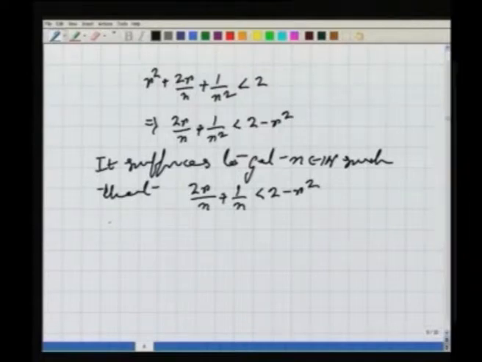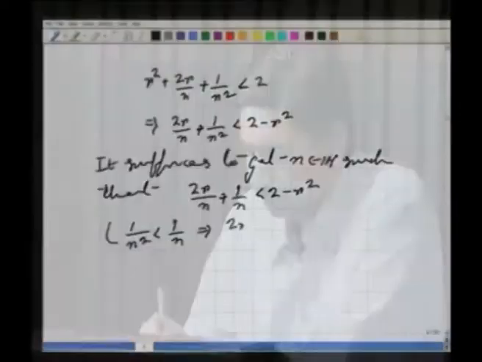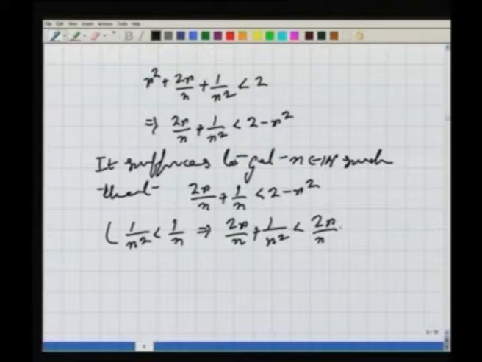This is simply because 1/n squared is strictly less than 1/n, and this implies 2r/n plus 1/n squared is strictly less than 2r/n plus 1/n. Now, if I can find an n such that 2r/n plus 1/n is strictly less than 2 minus r squared, because of this inequality, it will trivially follow that 2r/n plus 1/n squared is strictly less than 2 minus r squared.